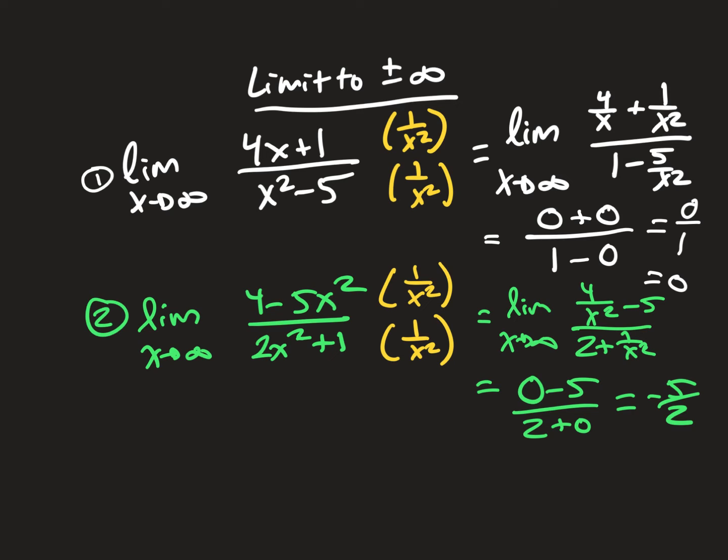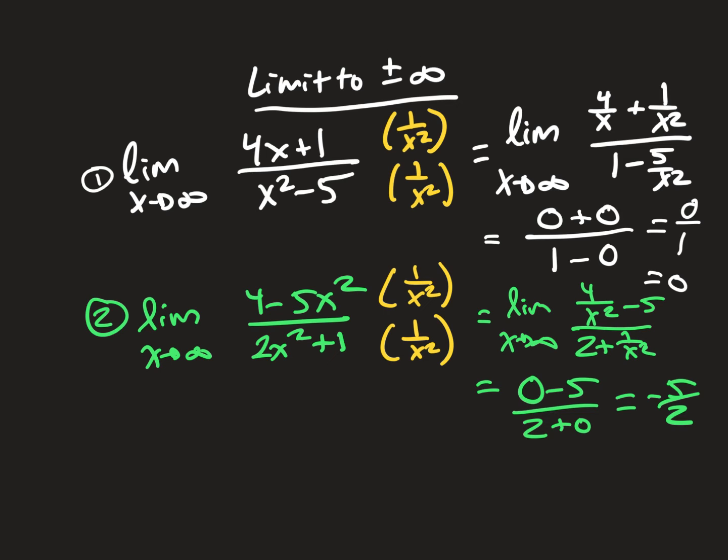But in number 2, the degrees were the same in the numerator and the denominator. So in that case, the limit as x goes to infinity ends up being the leading coefficients over each other. So in front of x squared was negative 5, and in front of x squared in the denominator was 2. So that's why you were left with negative 5 halves.